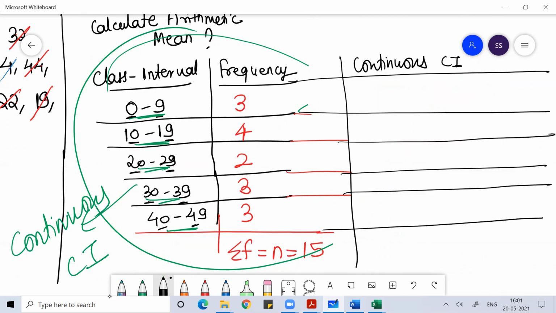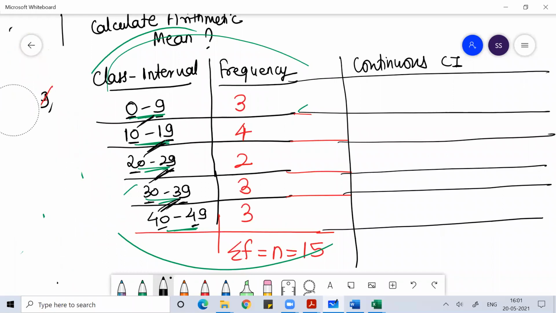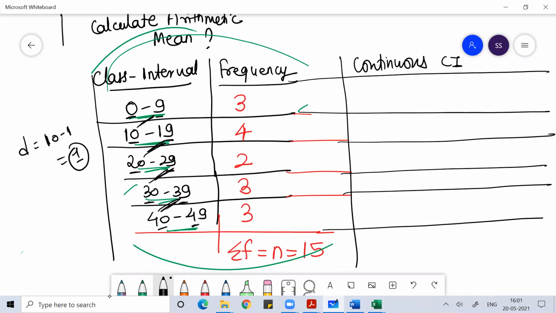Very simple. Find the difference. What is the difference? The difference of 10 minus 9 is 1.